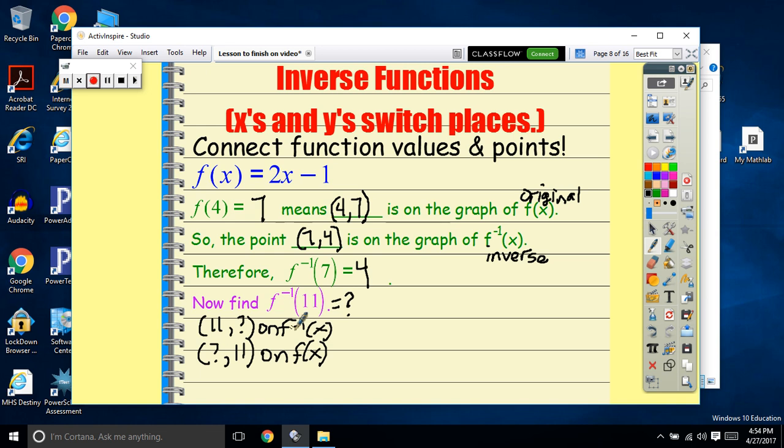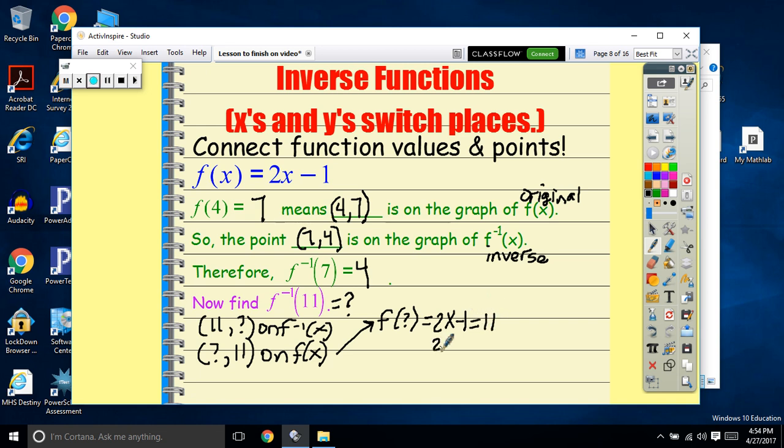Okay, now wait a minute. What that means is that f of x, which is 2x minus 1, equals 11. All right?